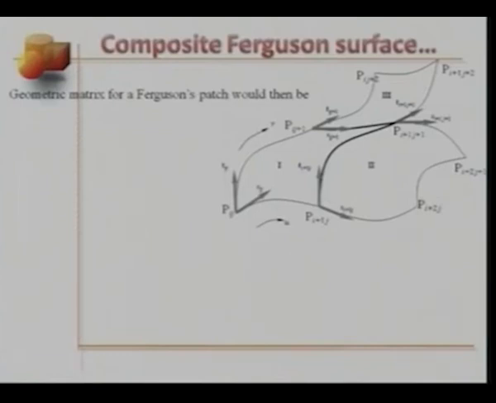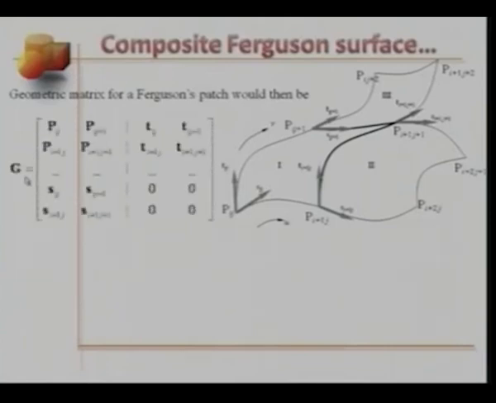So a geometric matrix for a Ferguson's patch will then look like G equals the corner points in the top left 2 by 2 region: Pij, Pi,j+1, Pi+1,j, Pi+1,j+1. Here we'll have slopes pertaining to the v direction: Tij, Ti,j+1, Ti+1,j, and Ti+1,j+1.